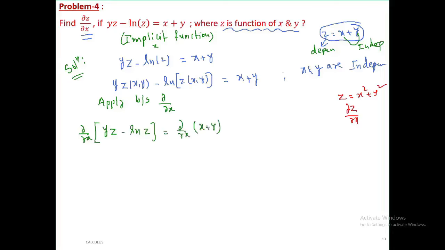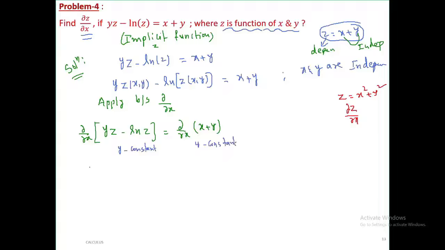Now you are doing the derivative with respect to x. That means y is constant. Z is a function of x and y here. Now with respect to x you are doing, therefore here y is constant. So here also y is constant, because you are doing the derivative with respect to x.